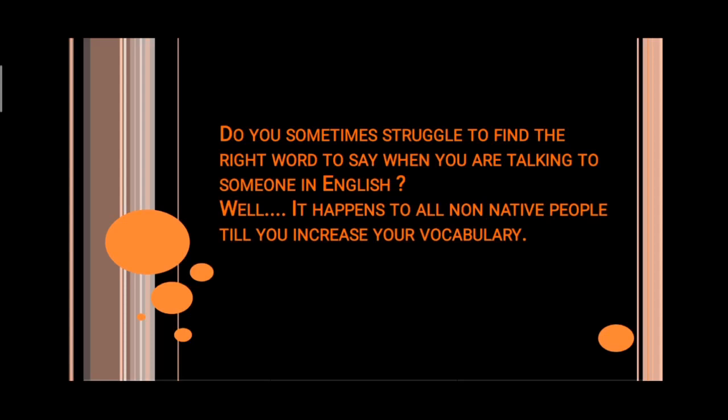You can call vocabulary like a storehouse, a storage for all the words, so that when you are speaking to someone, you never miss the word. You can just pull the word out from your vocab and then just use it. So this is one of the most crucial aspects of speaking English fluently, having a large storage of vocabulary in your brain.